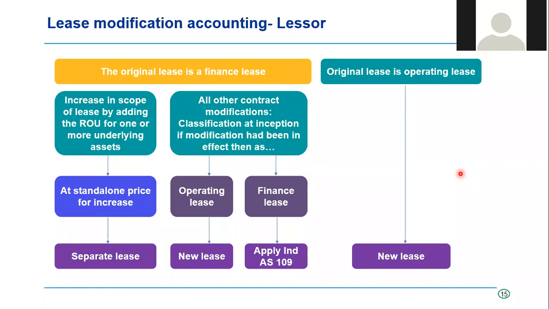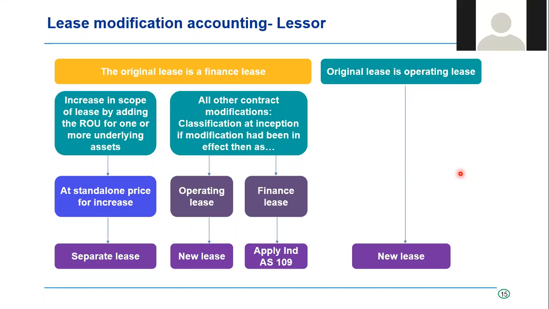Because as a lessor, if significant risks and rewards are transferred, we would have always been used to de-recognizing the asset and recognizing a receivable. That continues even in the current situation. Again, what would change is the discount rate for the MLP would be the discount rate prevailing on the date of the modification.